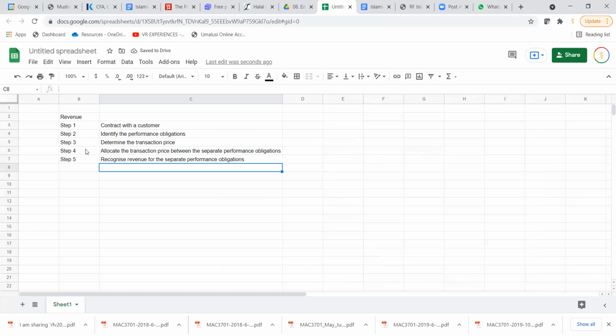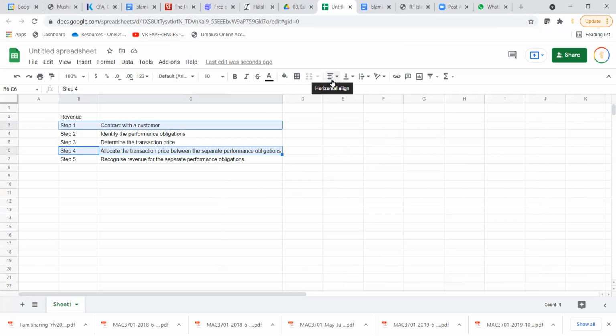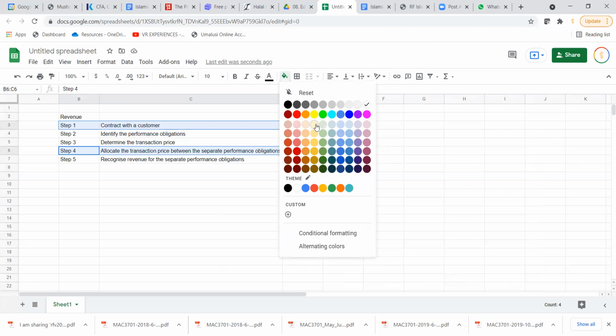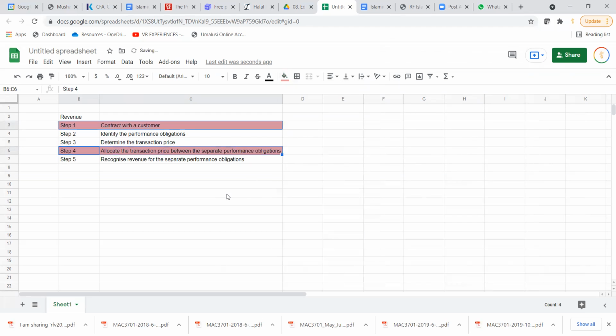Now they told us ignore step 1 and ignore step 4. So we're going to ignore step 1 and step 4, and we're going to focus on step 2, step 3, and step 5.